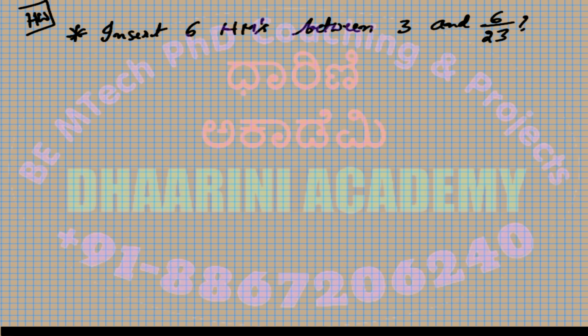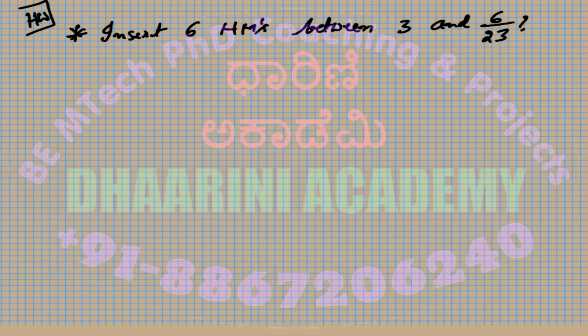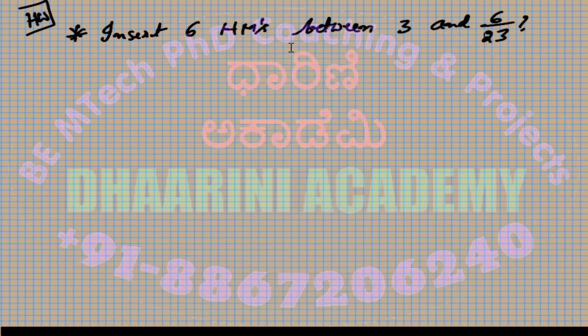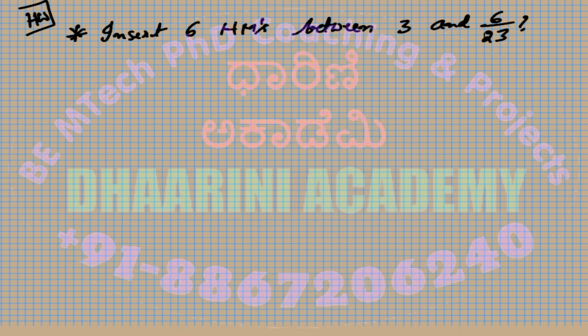So you have to find what are the values of H1, H2, H3, H4, H5 and H6. A and B values are given and the values are 3 and 6 by 23.